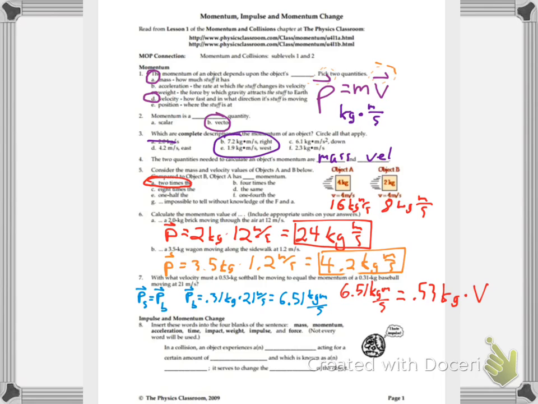So when we divide the momentum by the mass, so we divide 6.51 kilogram meters per second by 0.53 kilograms, we're going to get a velocity of this softball to be 12.3 meters per second.